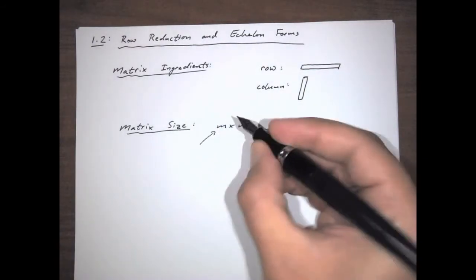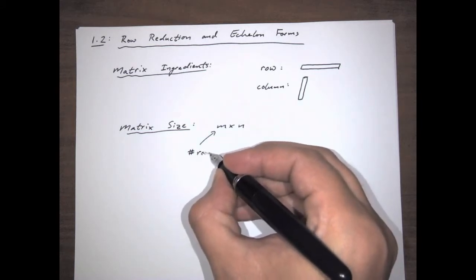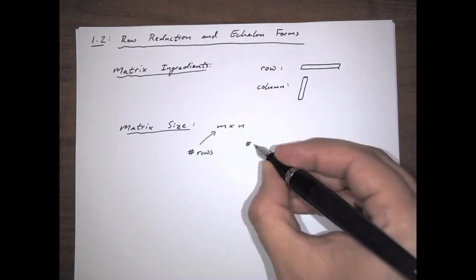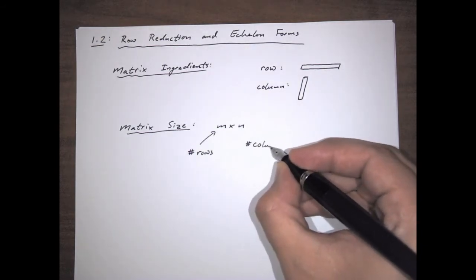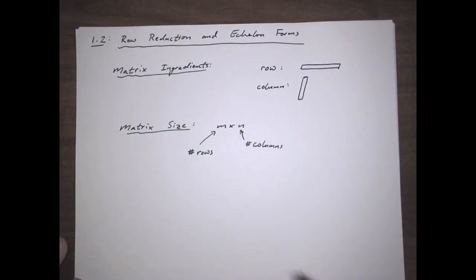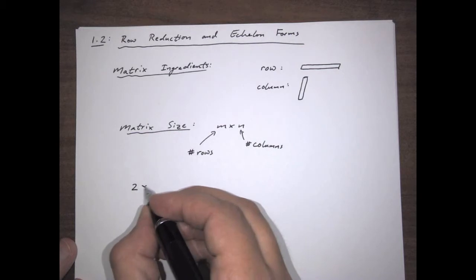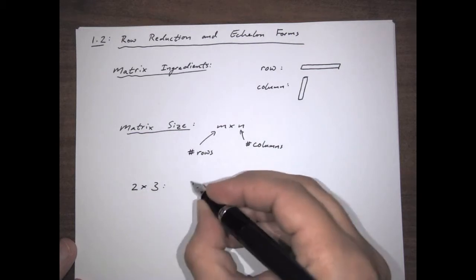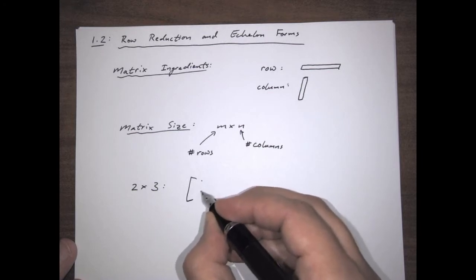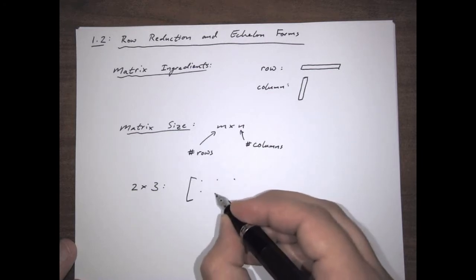And m here would be the number of rows, and n would be the number of columns. So for example, 2 by 3 would be a matrix that has 2 rows and 3 columns.